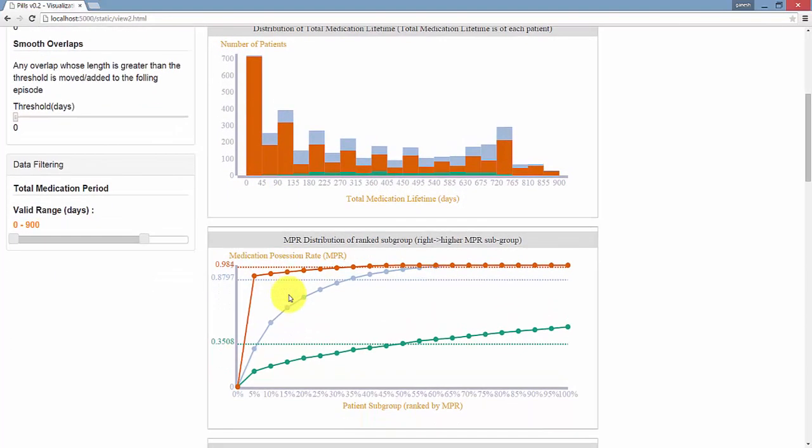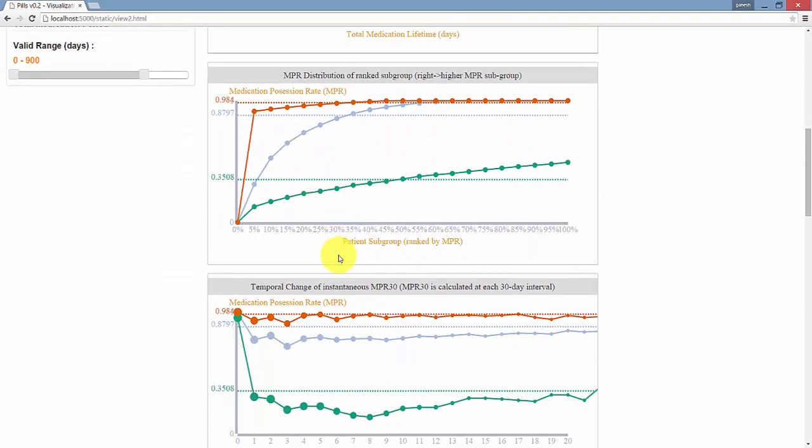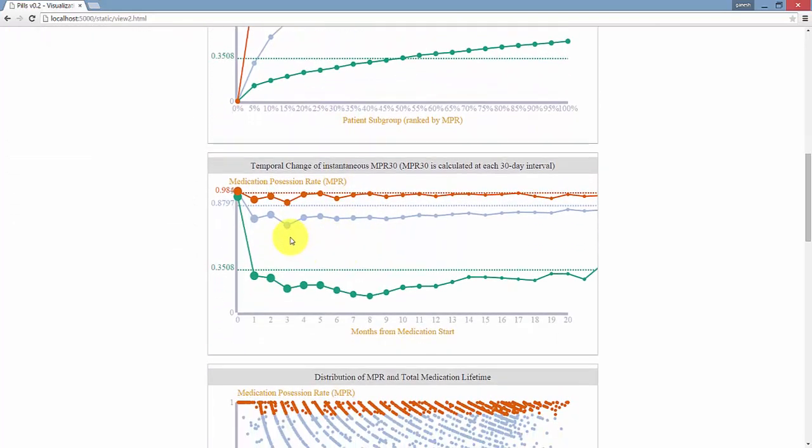And also, if you notice here, all the patients seem to have a low adherence rate during the third month, but those who have higher overall MPR tend to pick up and then it goes higher, whereas it goes lower and lower by the 8th month. So this kind of information can be visualized using this tool.